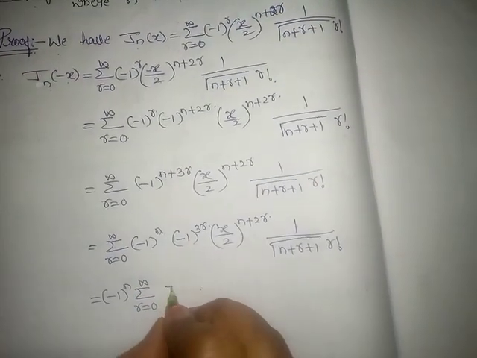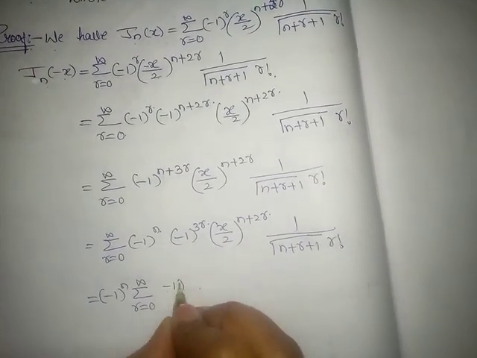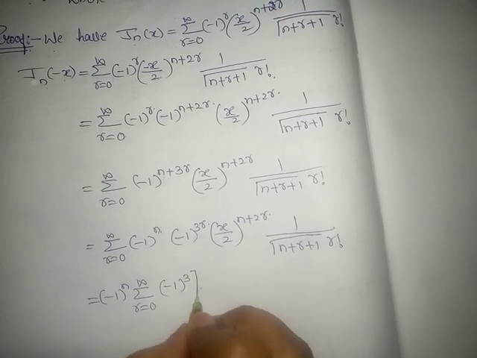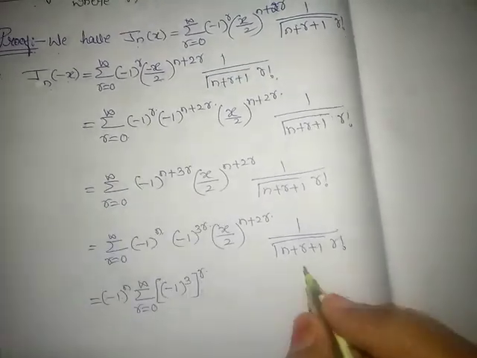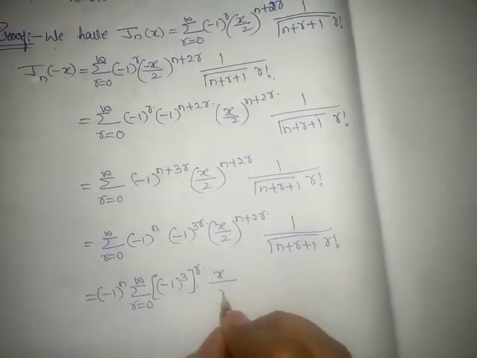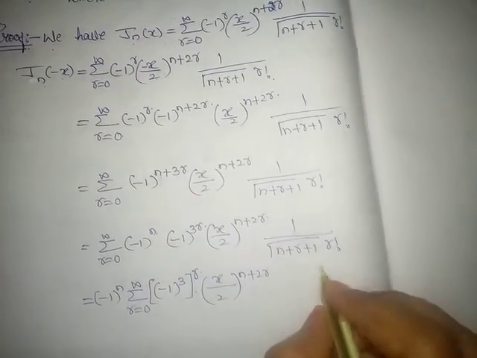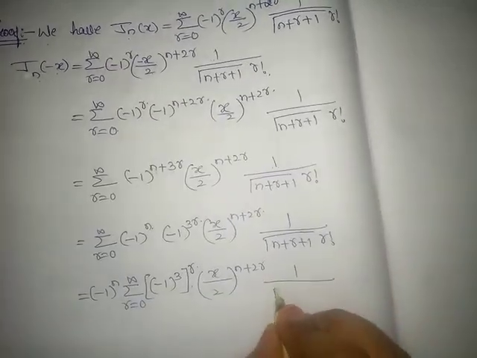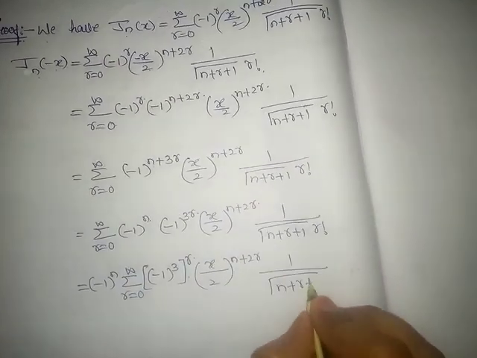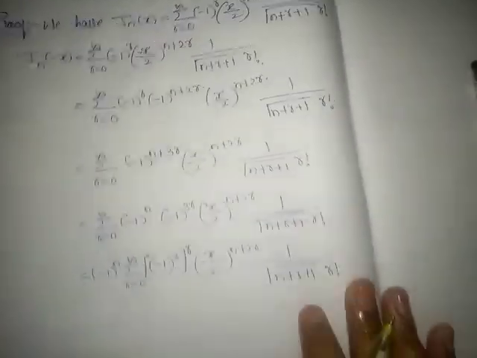This can be written as minus 1 cubed whole raised to r, x by 2 raised to n plus 2r, 1 divided by gamma of n plus r plus 1 into r factorial.